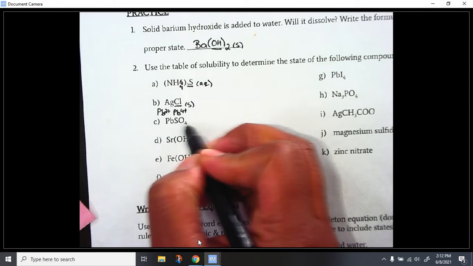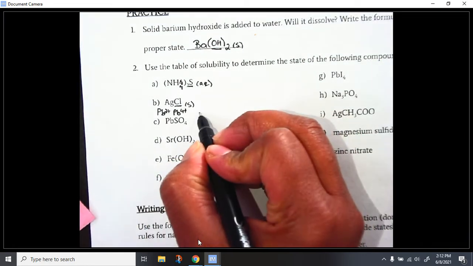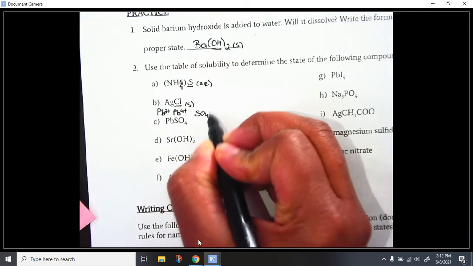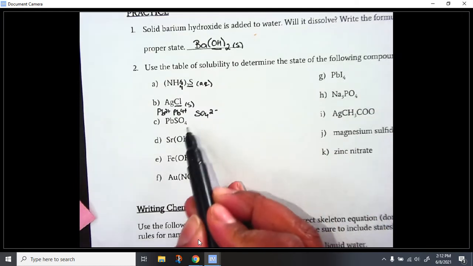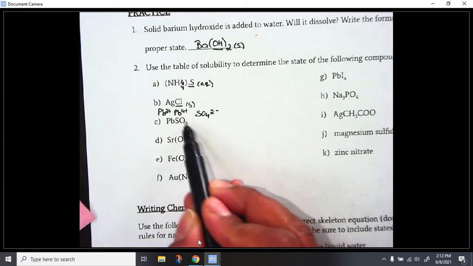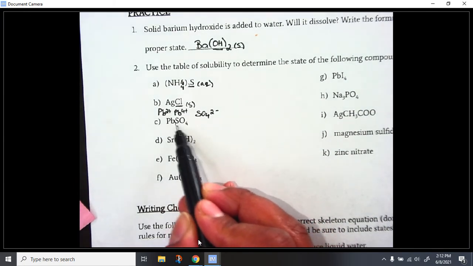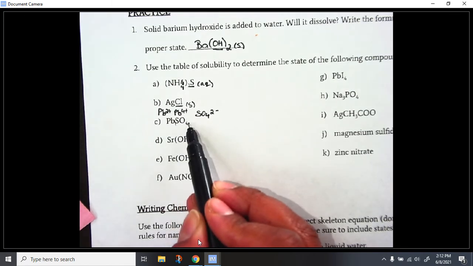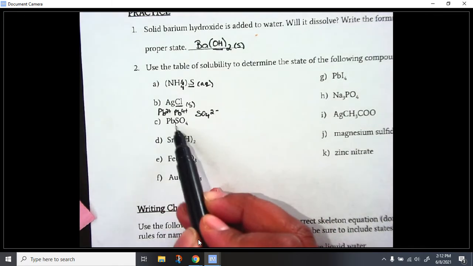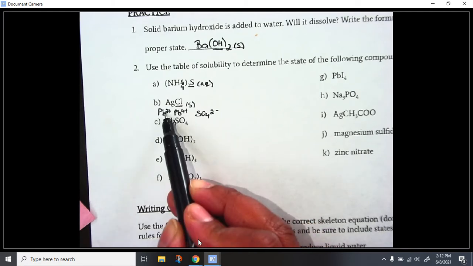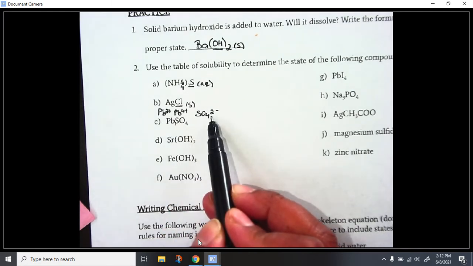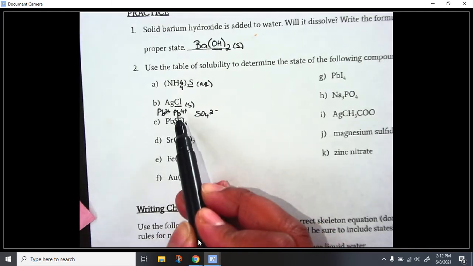Sulfate, though, if you look at sulfate under your polyatomic ion chart, you'll see it has a charge of 2 negative. So notice how these aren't written with subscripts. Yes, there's that 4 there, but that's because it belongs to sulfate. That SO4 is sulfate. So because there aren't subscripts there, I know that it had to be Pb2+. And it does matter for this one here.